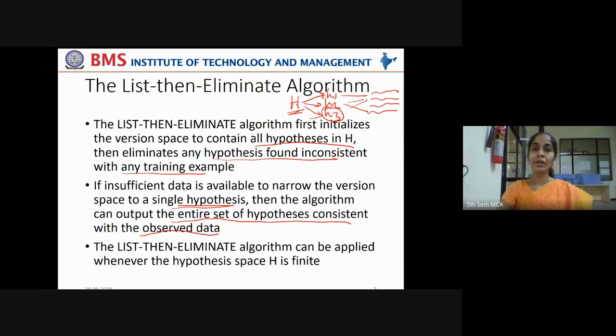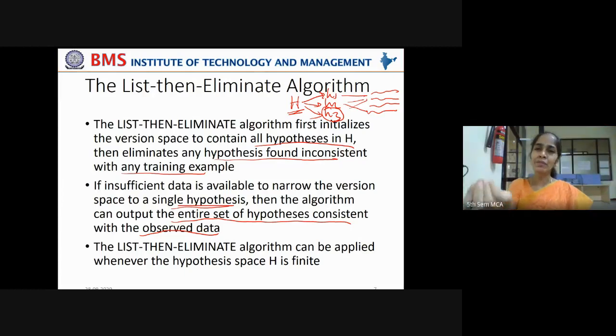In the next iteration, as more and more training examples are given to the machine, it tries to eliminate the hypotheses based on the training examples encountered. So what will happen here? If you give more training examples, the hypothesis space will shrink. It will generalize to 1 or 2 hypotheses.